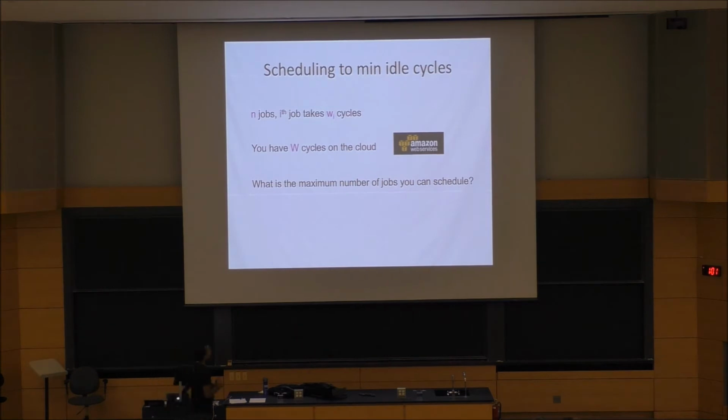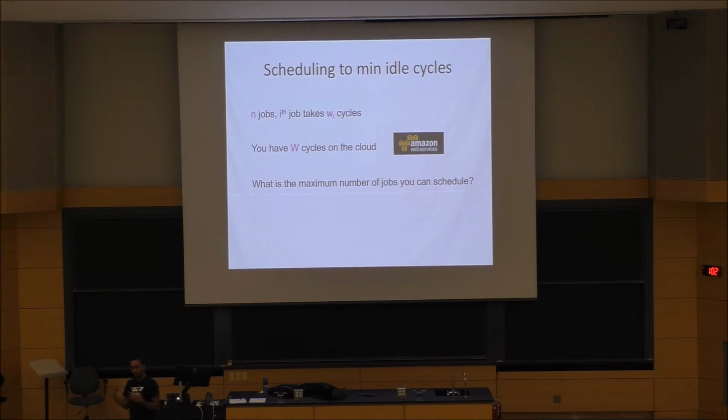All right, so we wrapped up the problem of, one way to think about the problem is trying to schedule as many idle cycles as possible. So you have n jobs where the ith job takes wi cycles, or you can think of them as numbers w1 to wn.